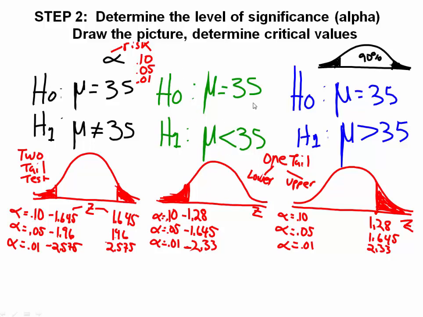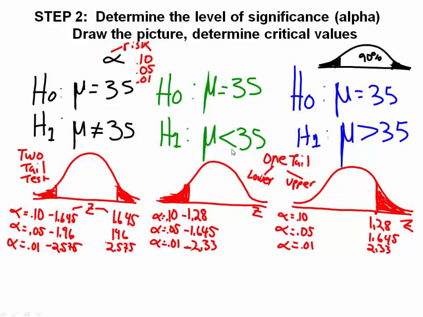Moving to the next hypothesis statement, in this case we're testing to see if the mean is less than 35. So if we draw the picture, we know that this is a lower tail test because the direction of the alternative hypothesis points in the direction of the tail. So if this points in the direction of the tail, then this is a lower tail test. And with the lower tail test, all of our shaded region is on one side.